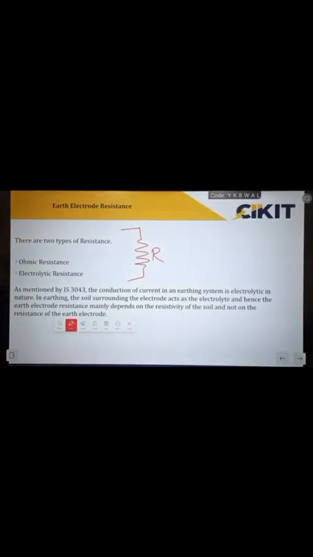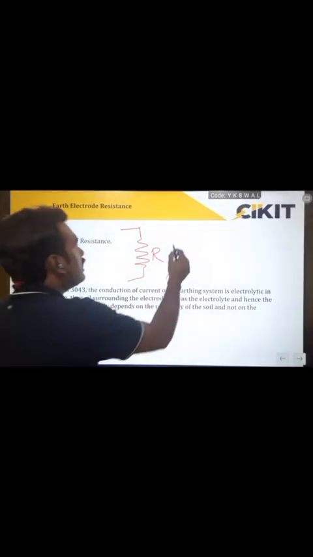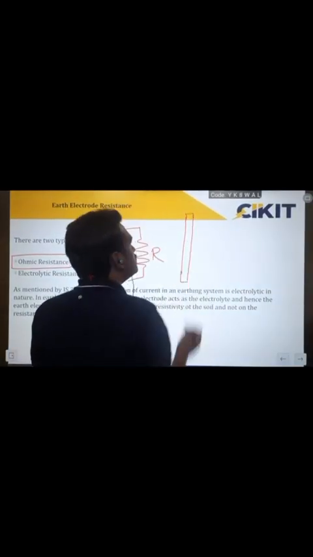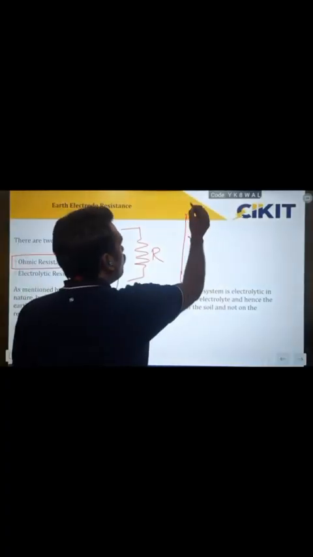The resistance of the particular material which we are considering is called ohmic resistance. The ohmic resistance is the resistance of all bodies. If you take any conductor as an example, resistance is the property of the material to oppose the flow of current from one end to another end.